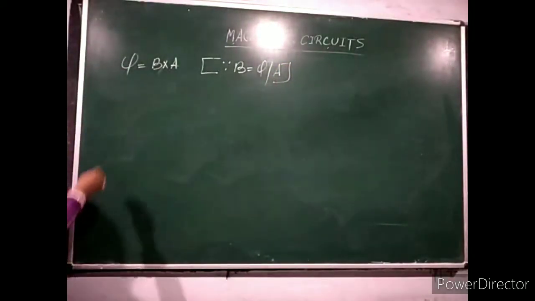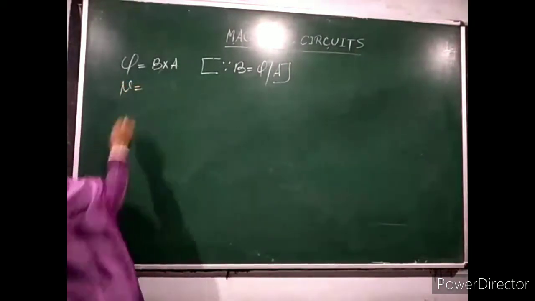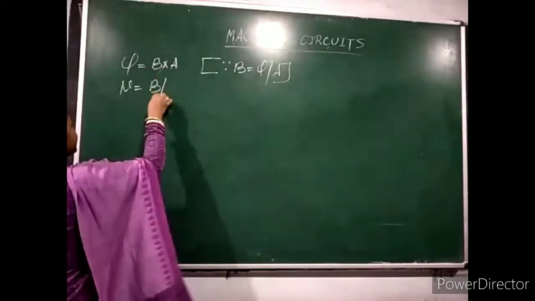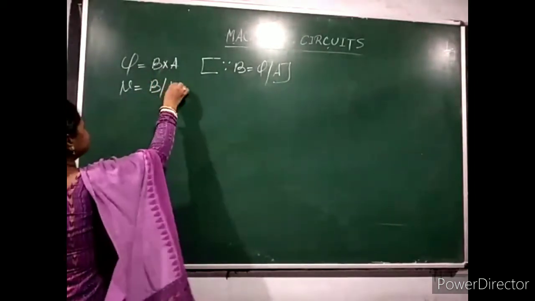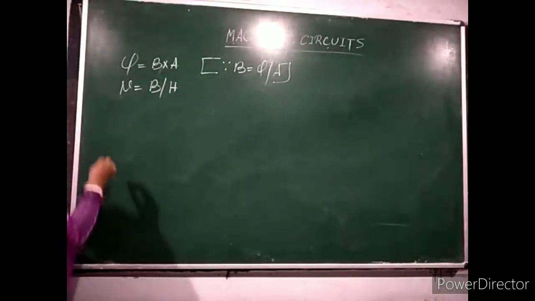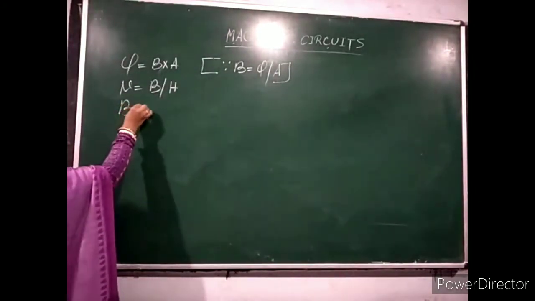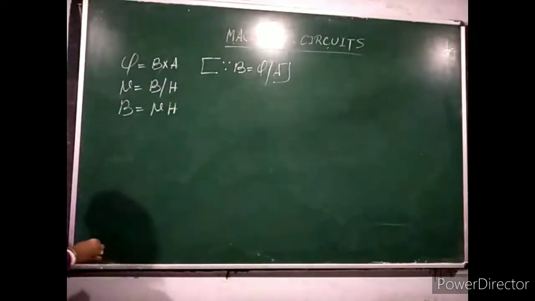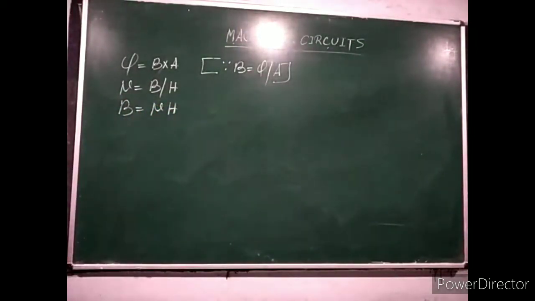From permeability you get the relation between flux density and intensity, that is mu is equal to B by H. So flux density equals permeability into intensity.